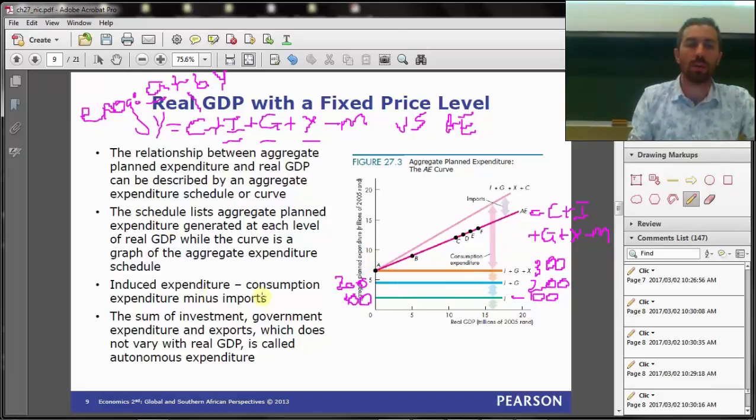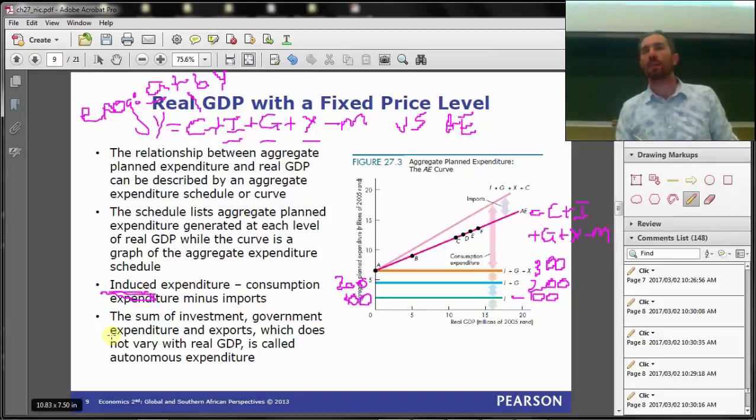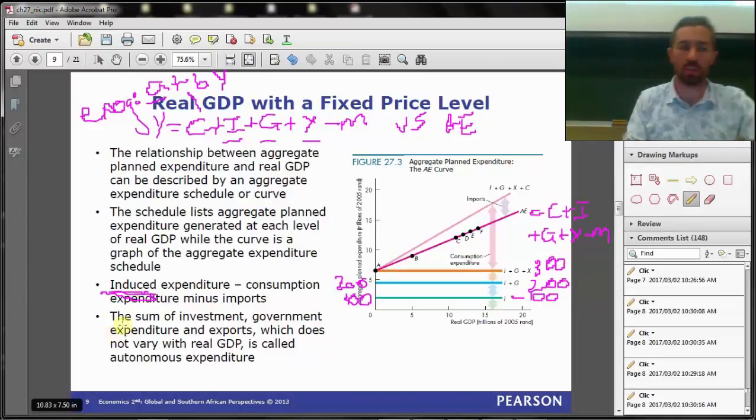Induced expenditure is expenditure that depends on the level of output. So the two different types of induced expenditure that we have are consumption expenditure and import expenditure. Both of those are induced expenditure. What we mean by induced expenditure is that they are endogenous variables. They change as Y changes.